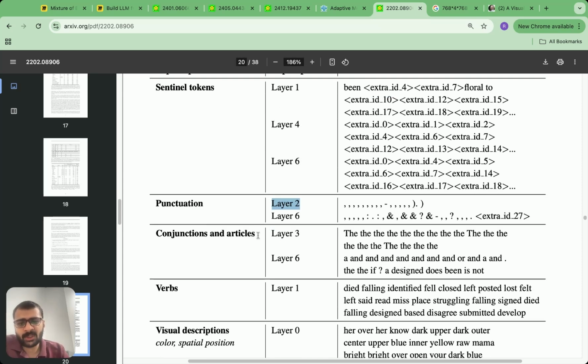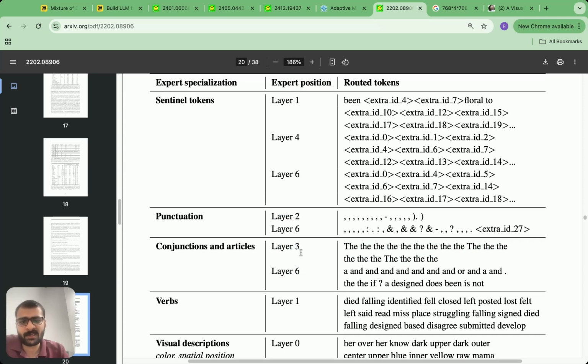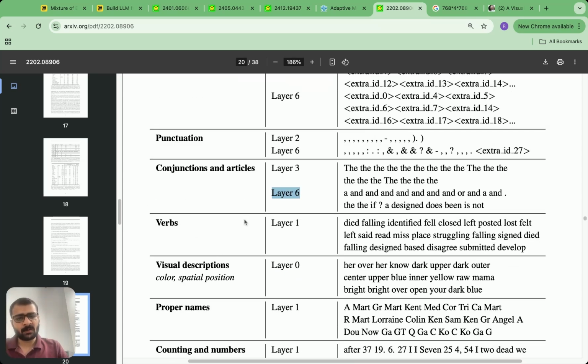Similarly, if you look at conjunctions and articles, the, and, if, etc., those are routed to experts in layer number 3 and, let's say, layer number 6. If there are verbs such as falling, identified, struggling, signed, designed, disagree, they are routed to layer number 1.